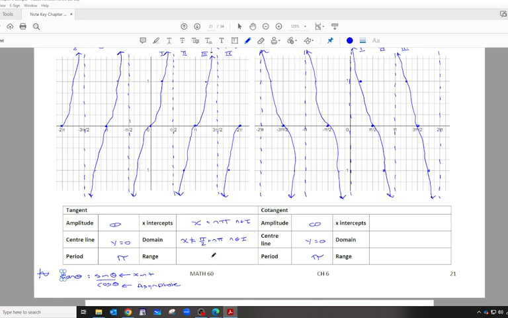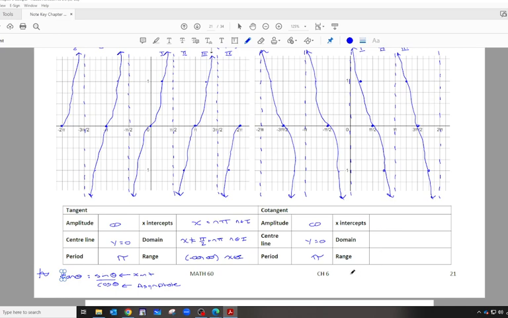So I always do my domain in set notation for these because it's just easier. Like if you tried to do interval notation, you'd be like, x can be everything between this and this and this and this, and it would be endless. Whereas if you just say, hey, x is everything but wherever cosine is equal to 0, it's a heck of a lot easier. And then the range is negative infinity to infinity, right? Or x is an element of the integer system.